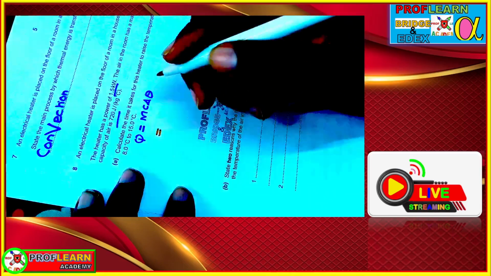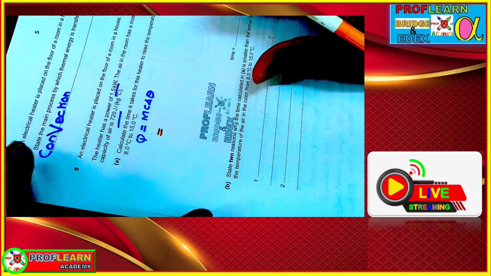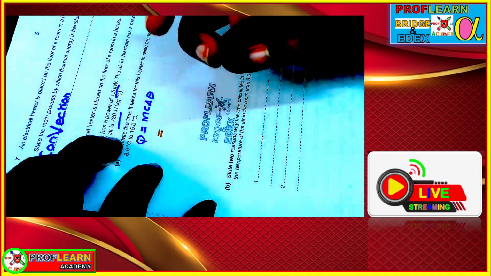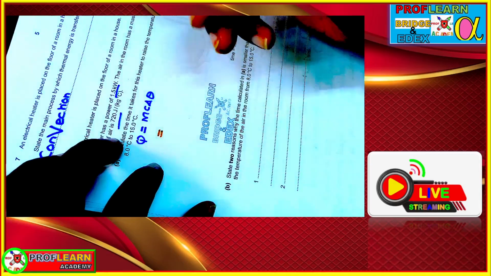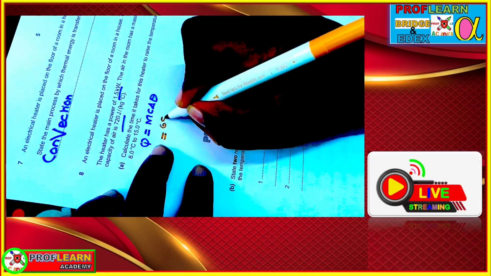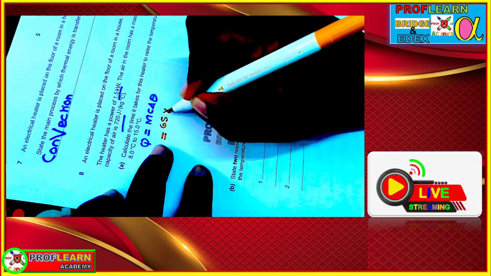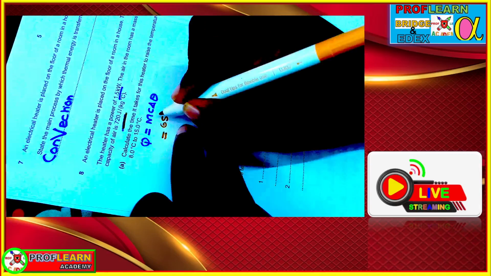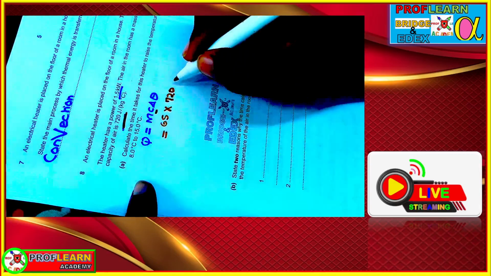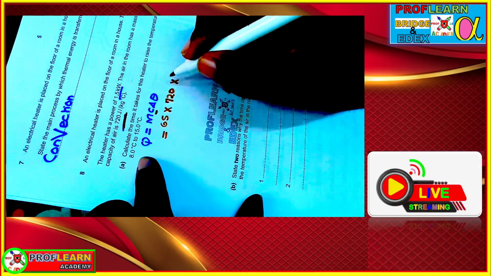Now, in this case, the heat that is supplied by the heater is absorbed by the air in order to warm it up. So the mass of the air is 65 kilograms times the specific heat capacity, c, which is 720. Then we have times the temperature change.